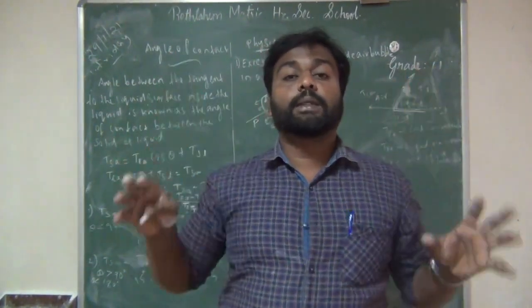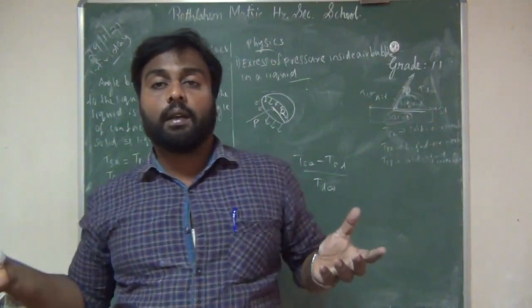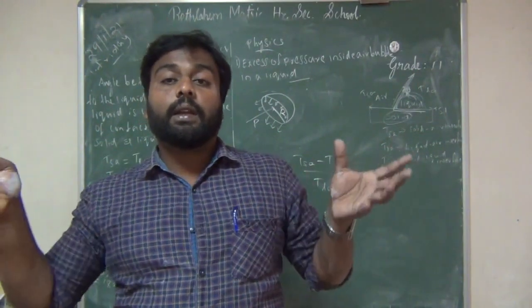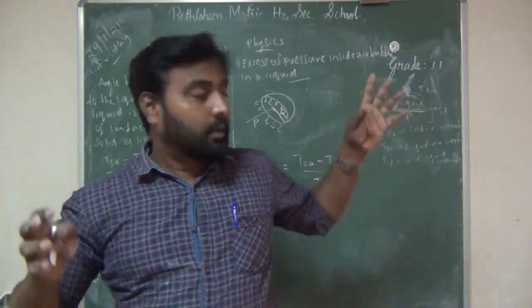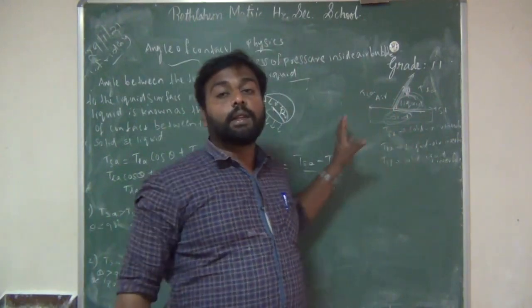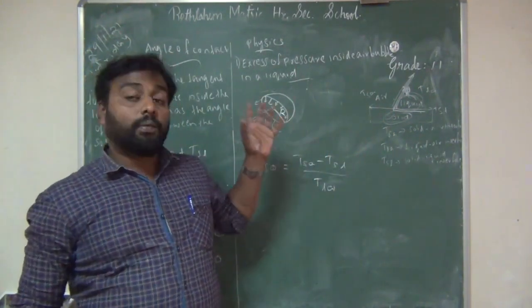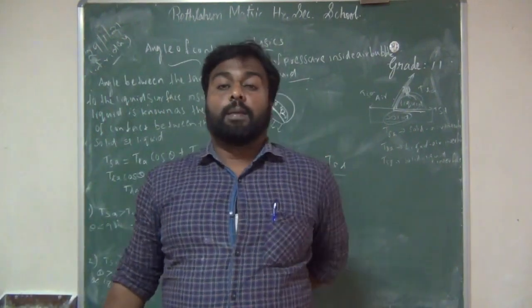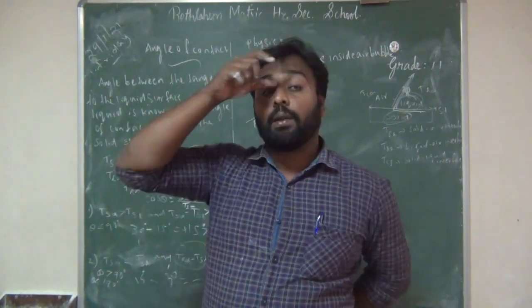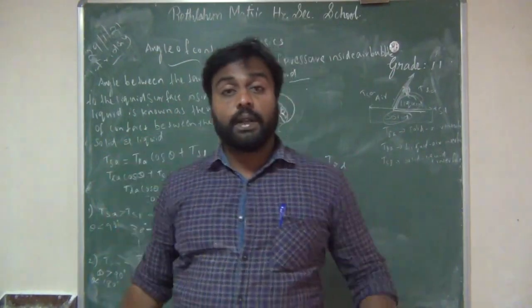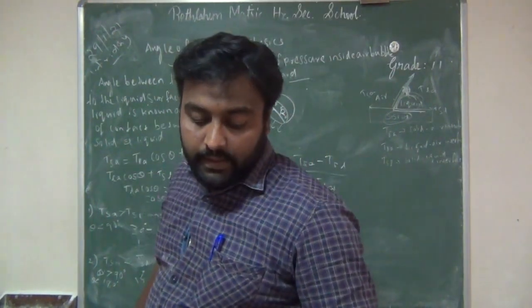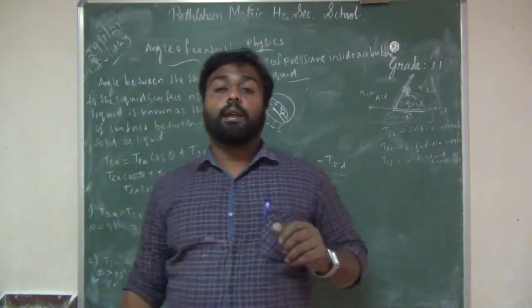There will be some pressure inside and outside, so there will be a pressure difference on this liquid drop. So now we can find out this excess pressure. For that, first one, excess pressure inside a bubble and a liquid drop.